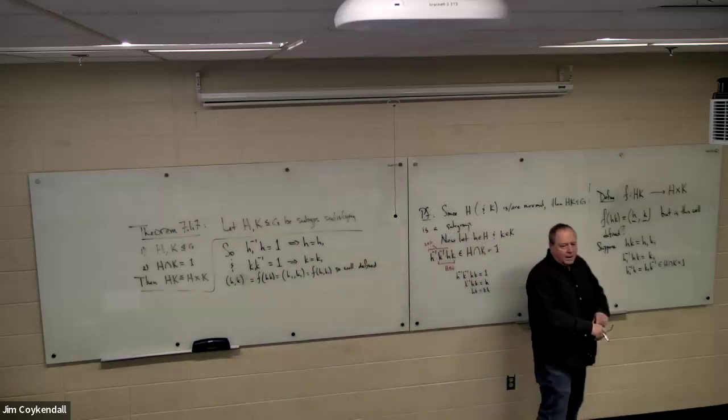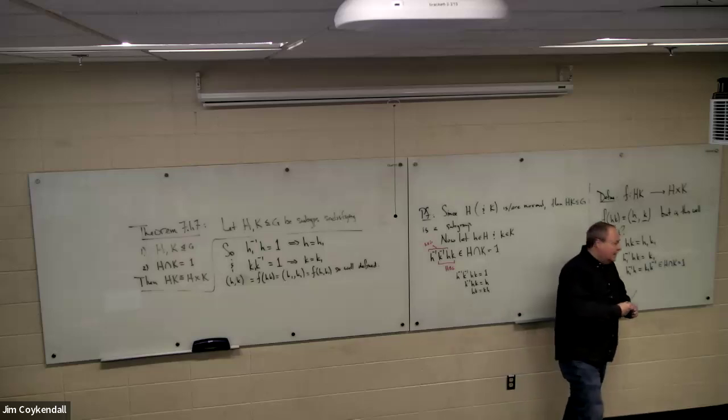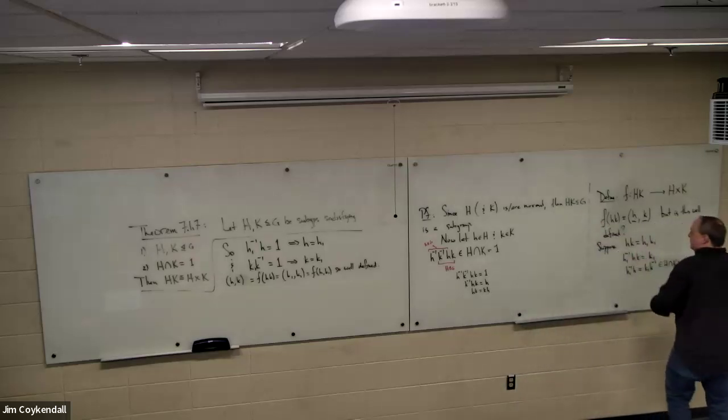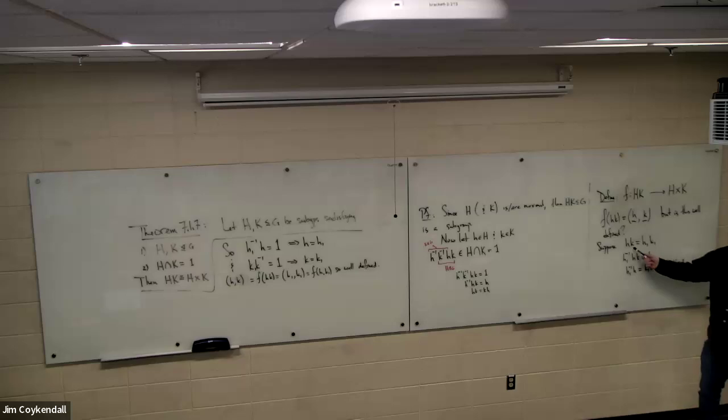In fact, more than just well defined, there's something else we should take away from this. Look what we've proved. If I can write it this way and this way, then the H's match and the K's match. So in other words, in HK, there's only one way to write this. That's essentially what that proved.